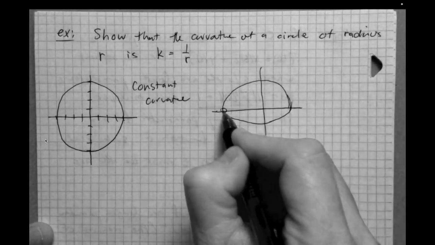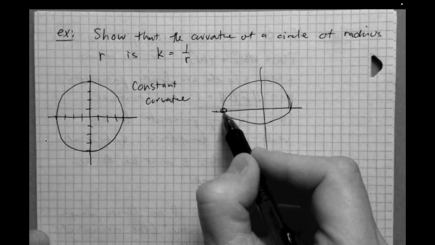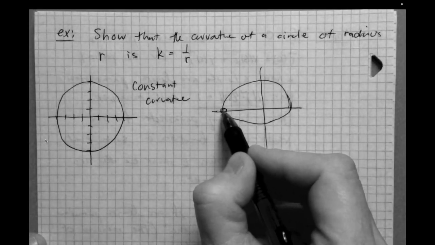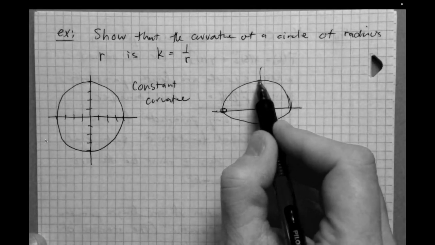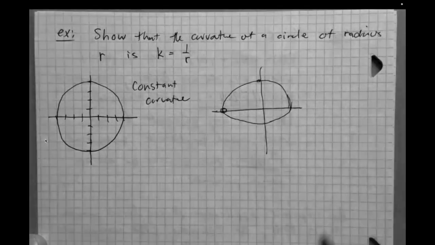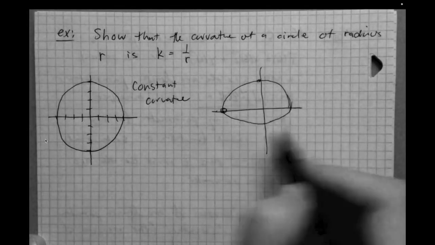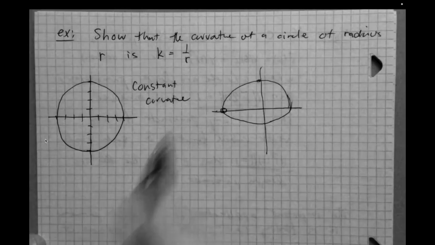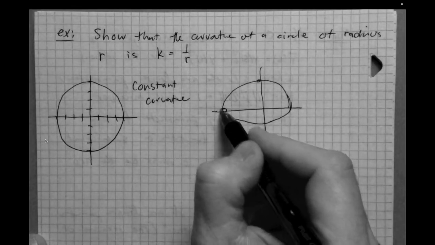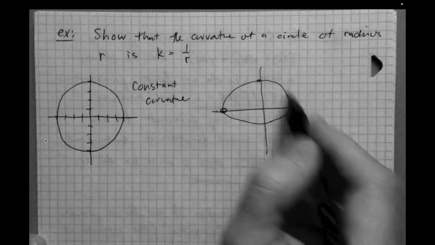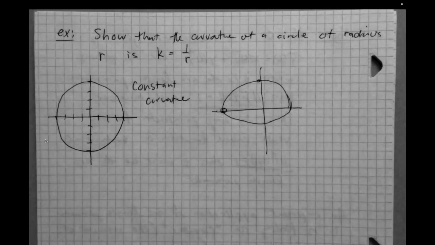Here you've got a larger curvature than you have up at the top. But this clearly isn't a circle. It's more like an oblong shape. If the curvature is not constant, you end up with shapes that appear circular but are not precisely a circle.